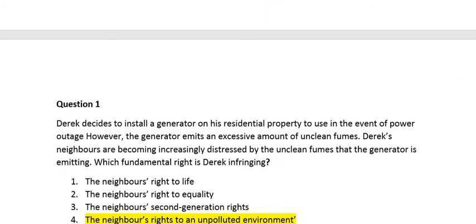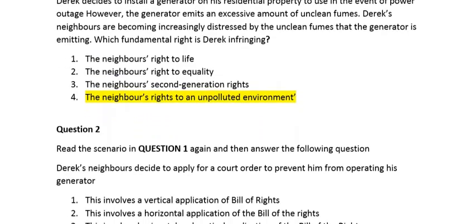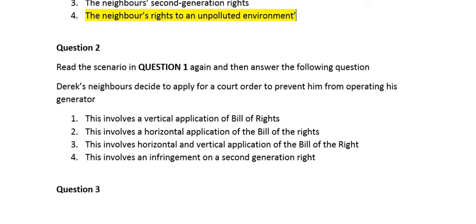Derek decided to install a generator on his residential property to use in the event of a power outage. However, the generator emits an excessive amount of unclean fumes. Derek's neighbors are becoming increasingly distressed by the unclean fumes that the generator is emitting. So let's go to question number 2 again. Derek's neighbors decide to apply for a court order to prevent him from operating his generator. So which one is correct here?